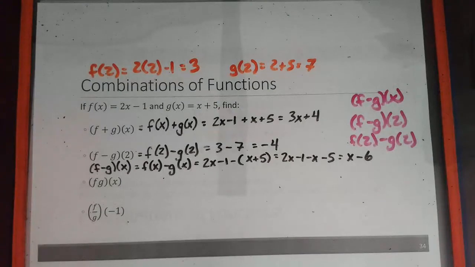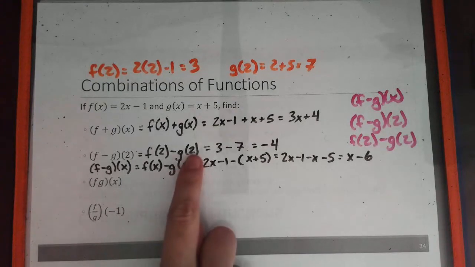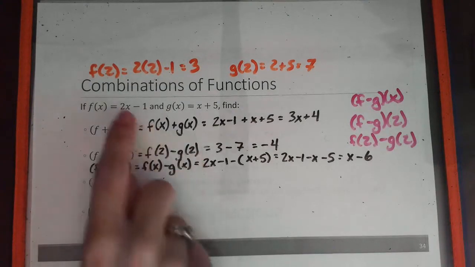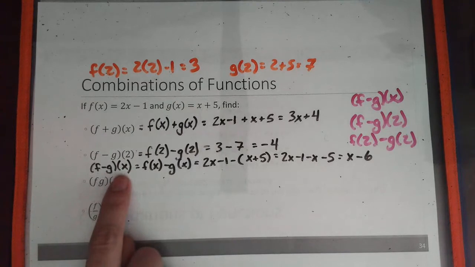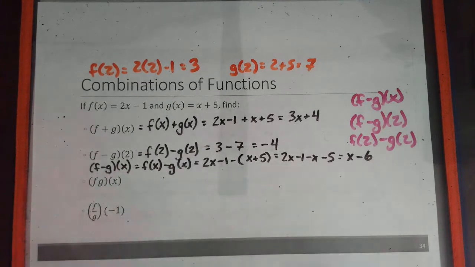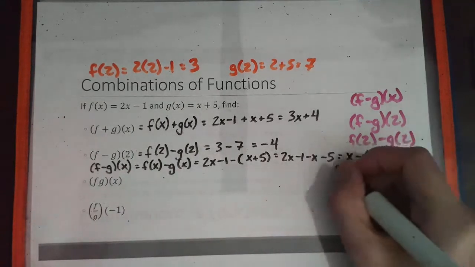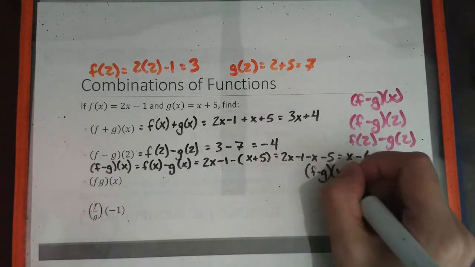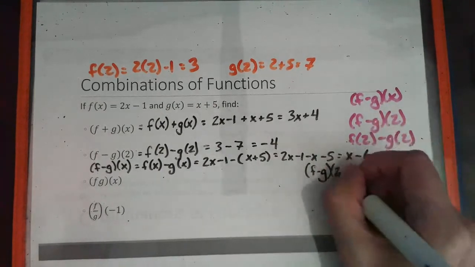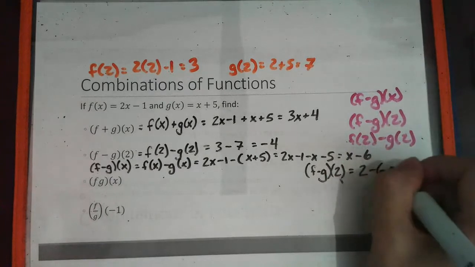So there are going to be times where it's easier to plug in your value into each function and simplify it that way. Other times it might be easier to find the function in terms of x and then go and plug it in. So to see it this way, we have f minus g of 2 would be equal to 2 minus 6, which is a negative 4.